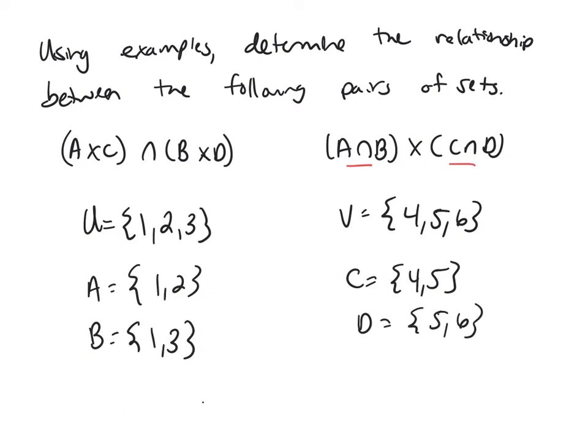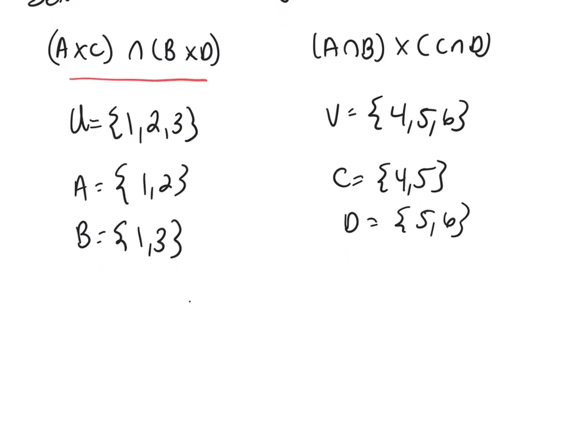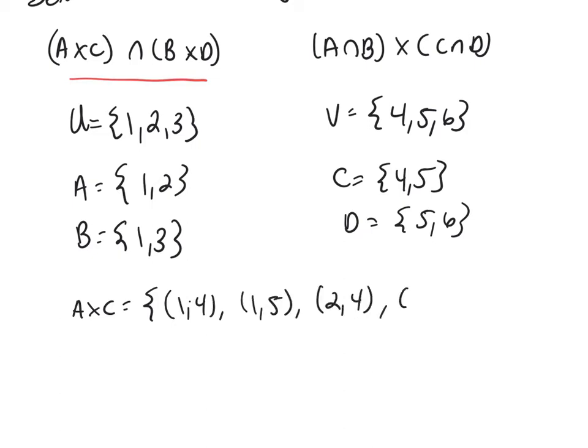And so we're going to start by computing our terms on our left-hand side here. So I'm going to start with A cross C. A cross C would be 1, 4, 1, 5, 2, 4, and 2, 5.